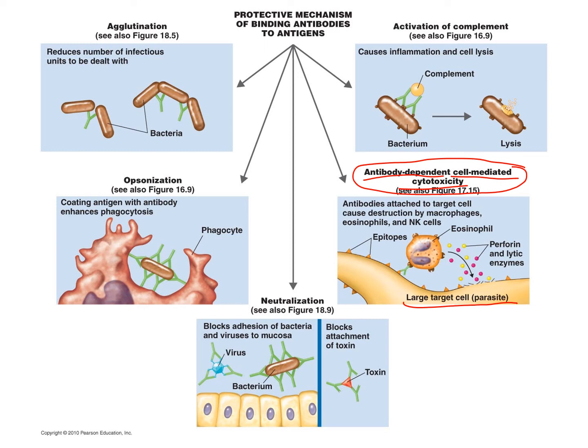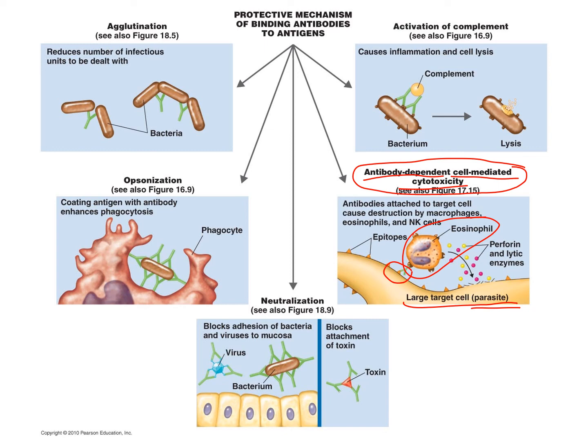What the antibody does is it recognizes an antigen on the parasite and binds to that parasite, and that is a signal for other cells such as eosinophils, which remember are part of your second line of defense and are anti-parasitic. It'll activate the eosinophils to attack the parasite.